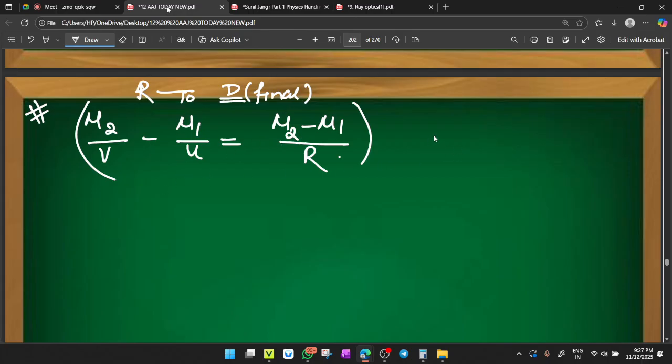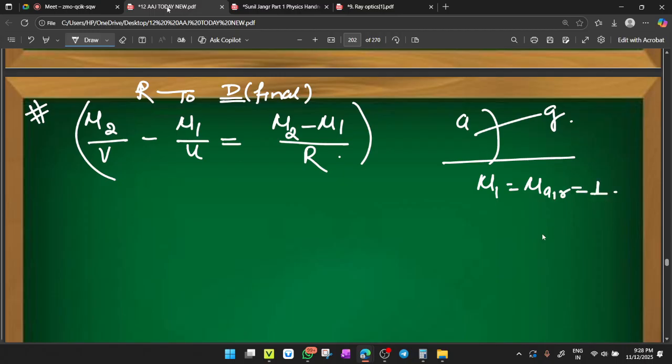See, when the refraction is from air to glass, clear? So mu1 equals mu air, and you know the refractive index of air equals 1. And mu glass has some refractive index, consider it mu.